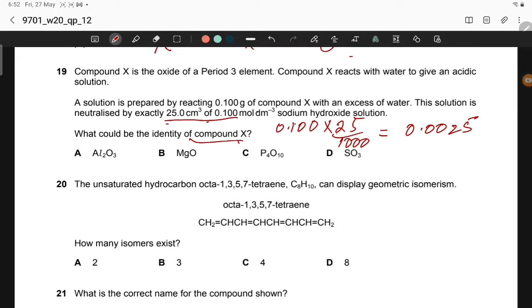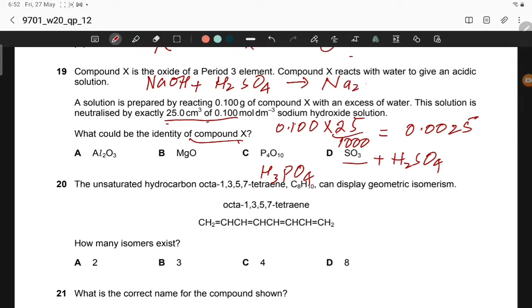Compound X is a period 3 oxide. If sulfur trioxide reacts with water, it forms sulfuric acid, and phosphorus oxide forms H3PO4. So sodium hydroxide plus H2SO4 forms Na2SO4 plus water.